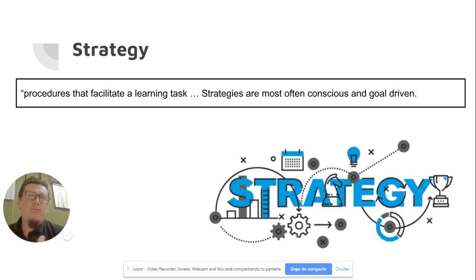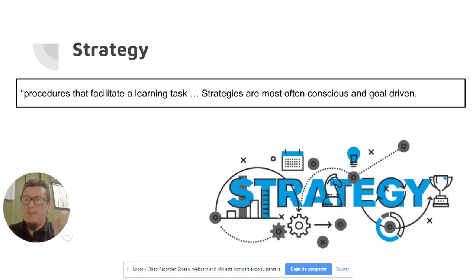You may be aware of it to some degree, but what we're talking about here is that you're fully aware. Like, I know what I need to do. I know the steps that I need to do. I know where my emotions need to be, and I need to complete this in, say, a specific time, in case you're measuring time. So these are some of the general characteristics of what a strategy is.